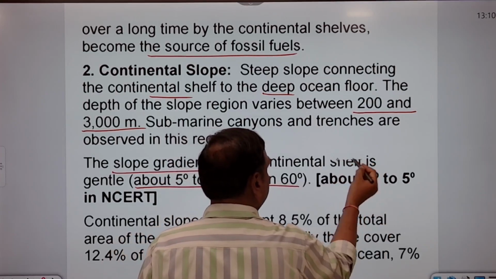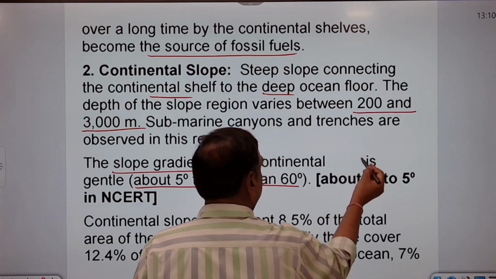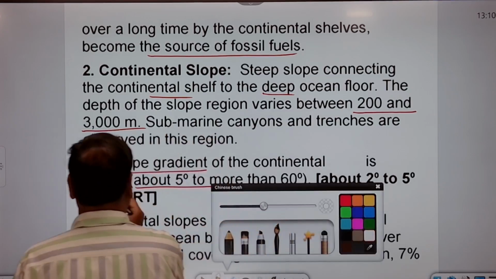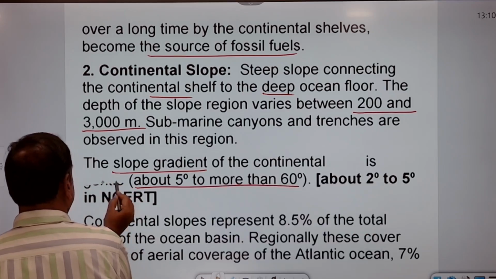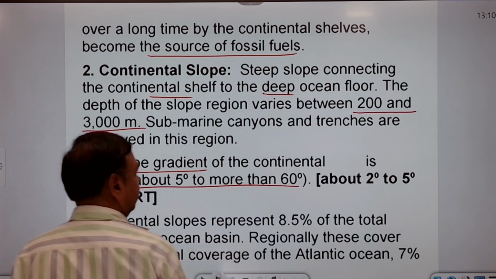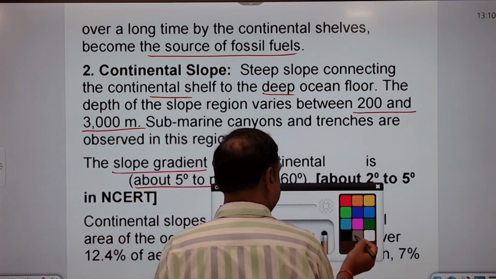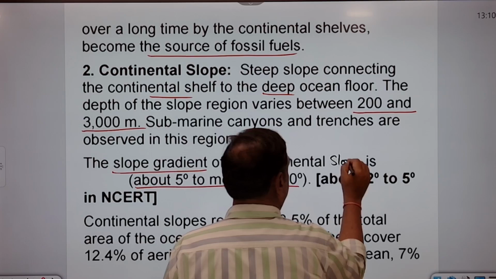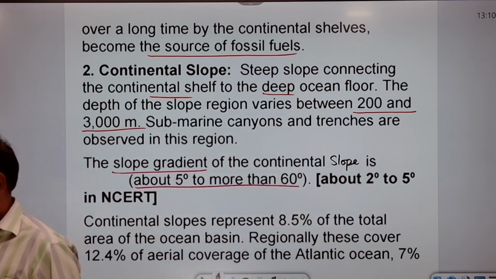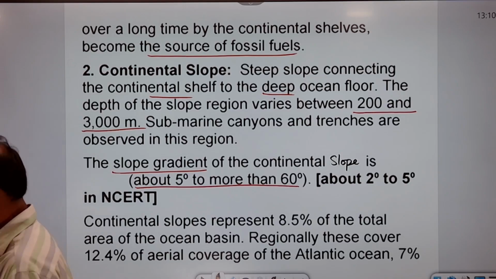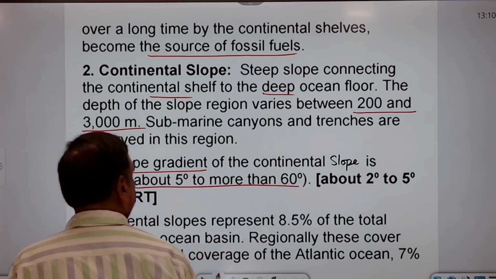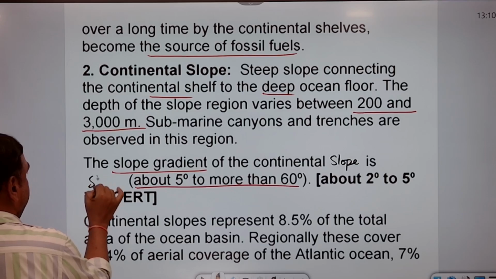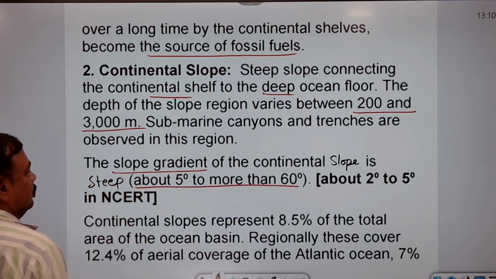It is the continental slope, and it is not gentle, it is steep. The slope is steep.